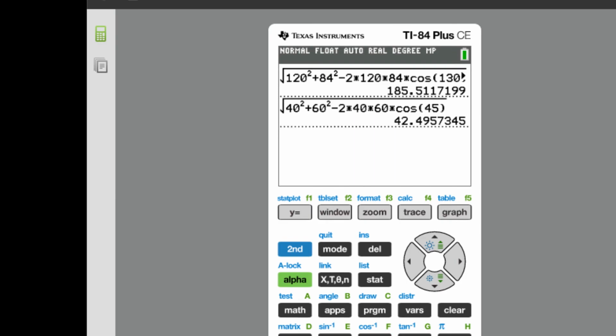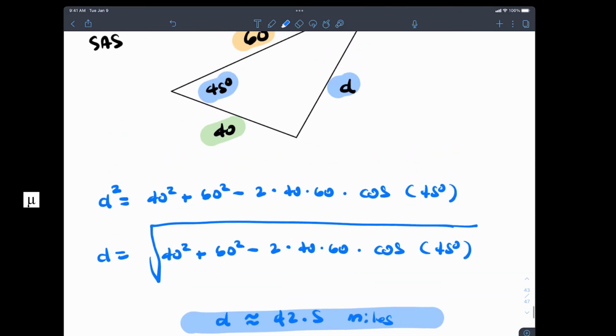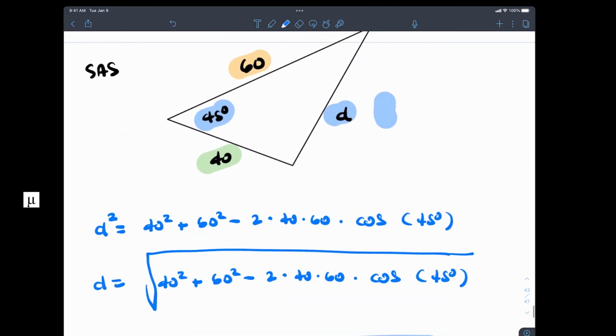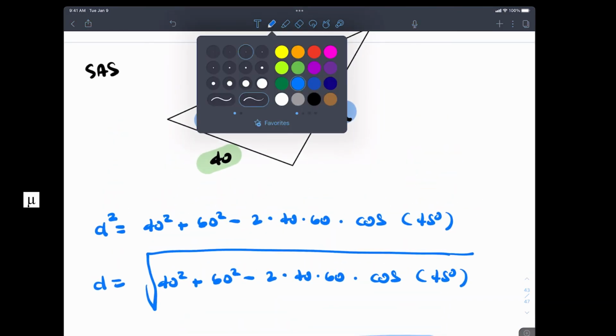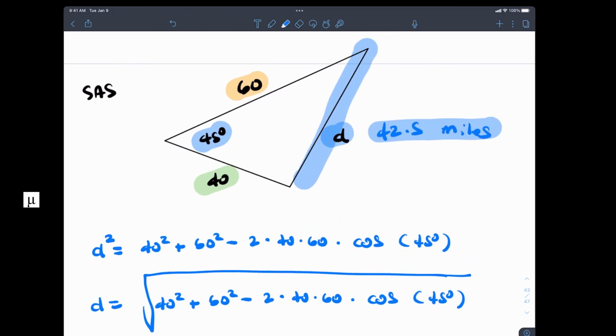What do you get? 42.5. That's the distance they're looking for.